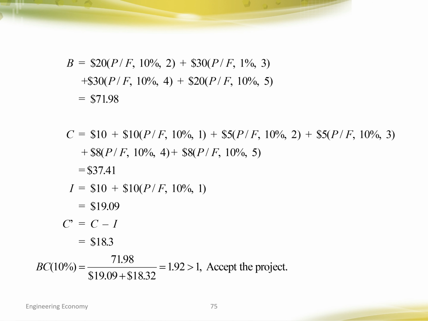So the decision will be to accept the project, because the benefit cost ratio of all the cash flow reflects that it's greater than 1, which meets the criterion of accepting the project.